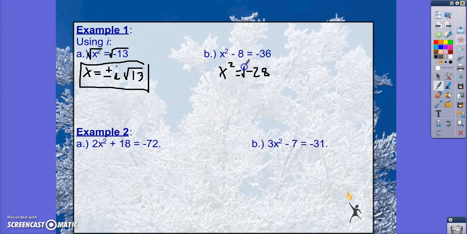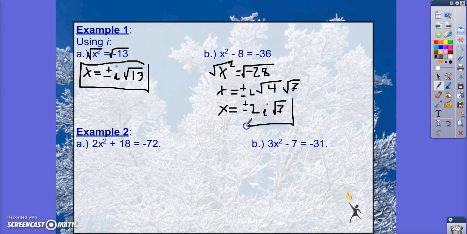We take the square root. And 28 could be what? 4 times 7. x equals plus minus 2i root of 7.